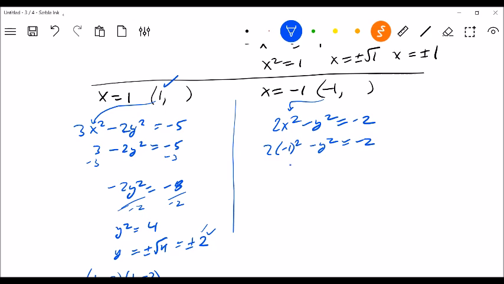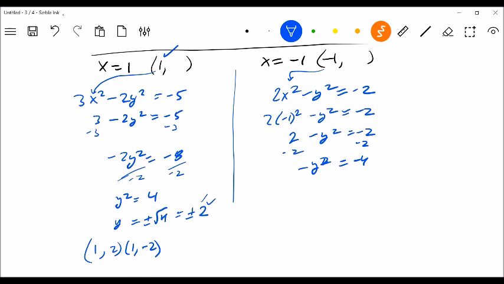So -1 squared is 1, so I just have a 2. So let's subtract 2. -y squared is -4. Then multiply both sides by a -1, and we get positives here. Well, y squared equals 4, y is equal to square root of 4 is 2, so it's going to be plus or minus 2.